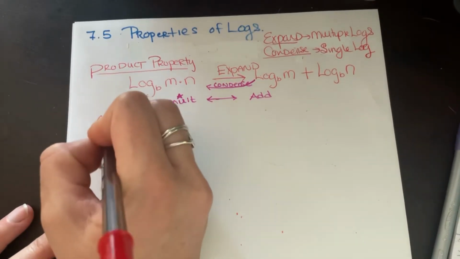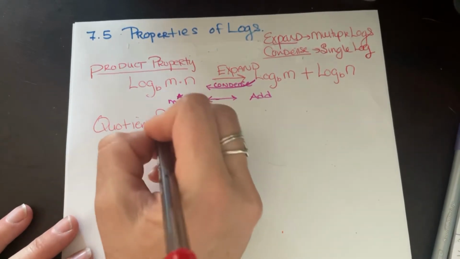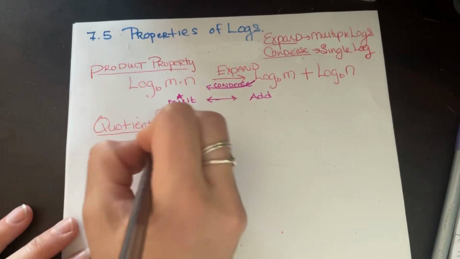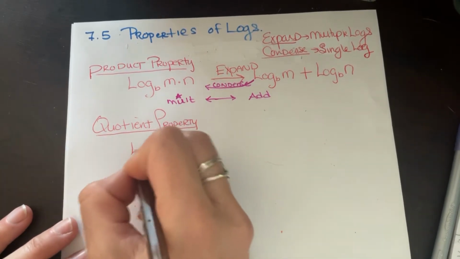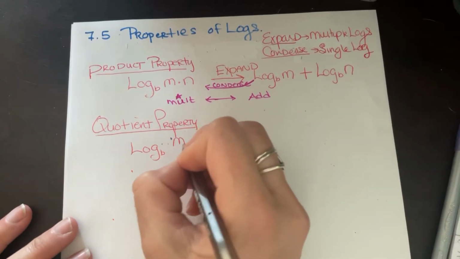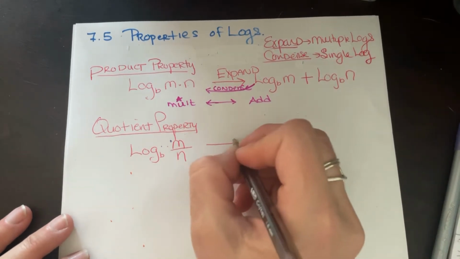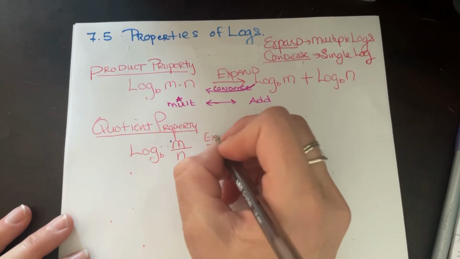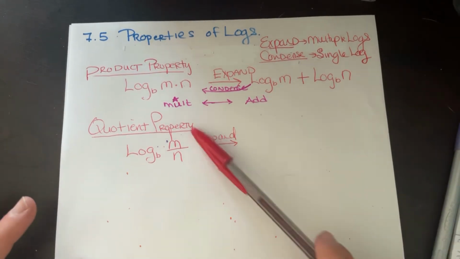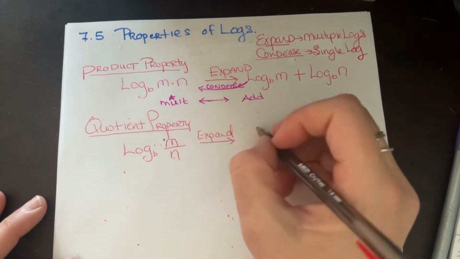Second property is the quotient property. Okay, so I'm going to give you one log. So log base b, same thing. Let's do divide. Okay, so we're going to expand. Remember, the other way is condense. And when I expand it, what's going to happen again is you have 2 different terms.